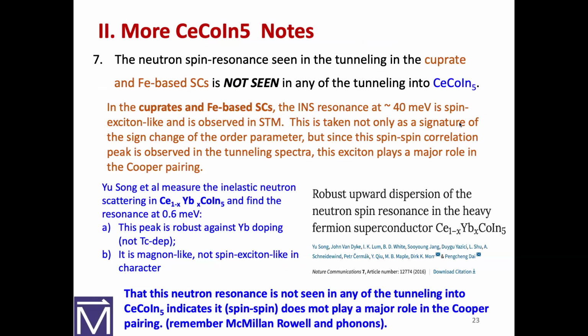Basically they do see a peak at 0.6 millielectron volts, but no one sees it in the tunneling. So here's when we started talking about, could this be preformed pairs? Could this be f-level pairing? Everyone said, but d-wave means it's got to be spin-spin correlation. And I'm saying, no, it doesn't.